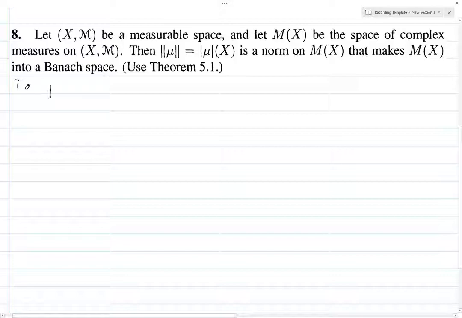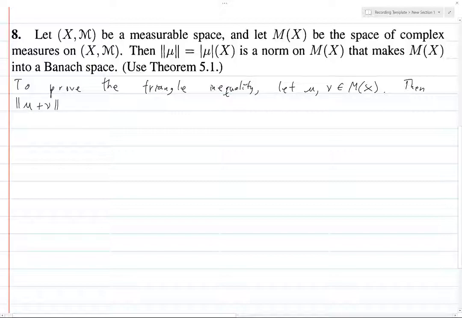So first, because we want to prove it's a norm, to prove the triangle inequality, let mu and nu be elements, complex measures on X. Then, see here, what is the norm of mu plus nu?